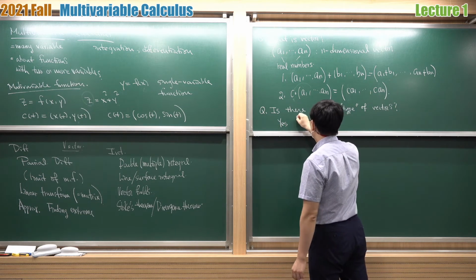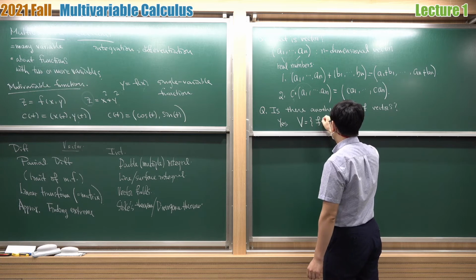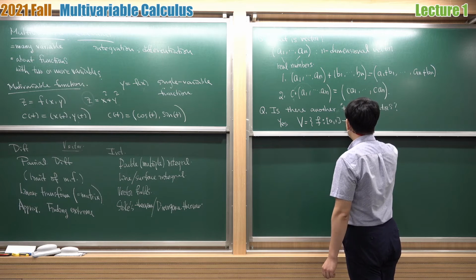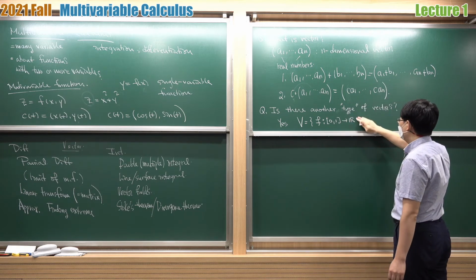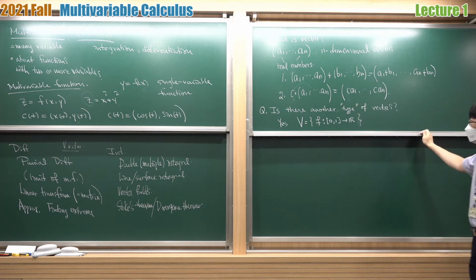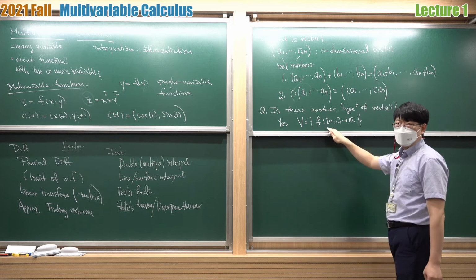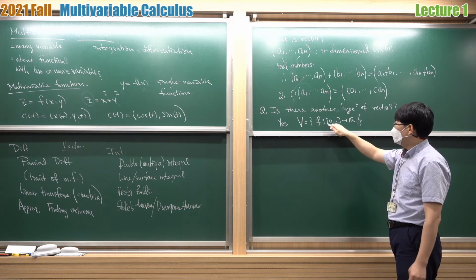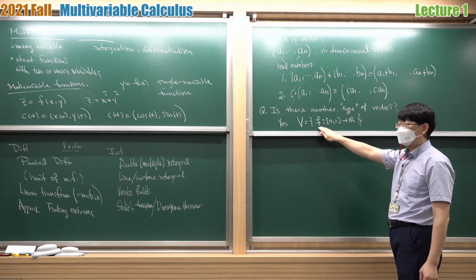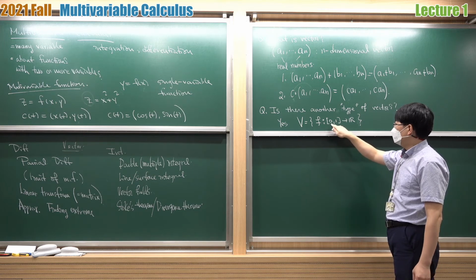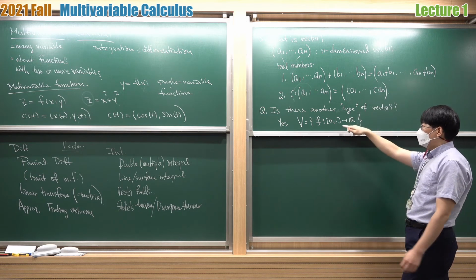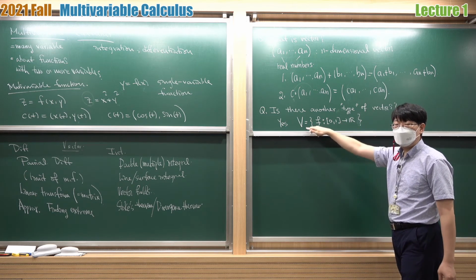Let's say we have V as a set of functions defined on [0, 1] to the real numbers. It doesn't matter, I don't give any properties on f. So V is a set of single variable functions that we already know from the previous semester, functions defined on the closed interval from 0 to 1 to the real numbers. Any element in this set is a vector.